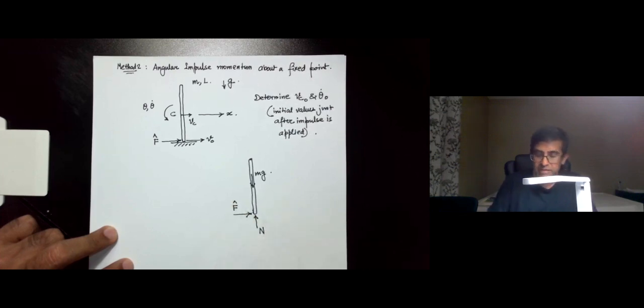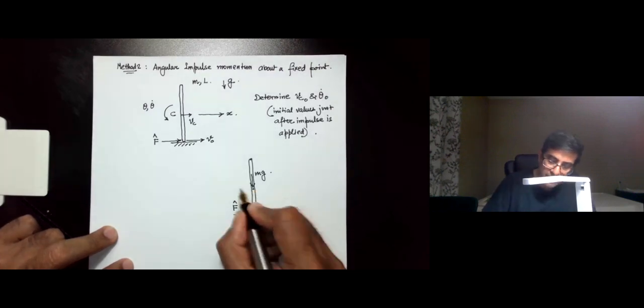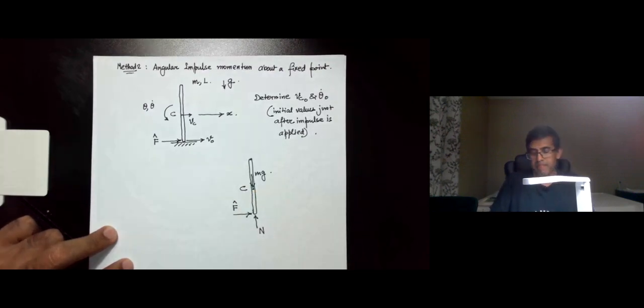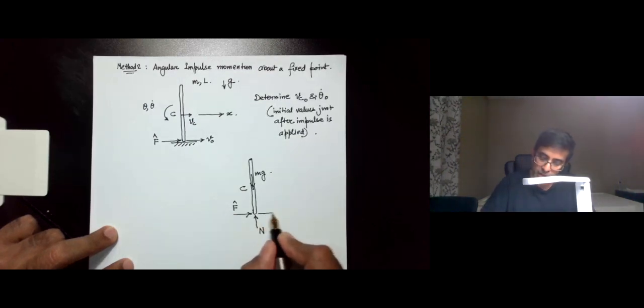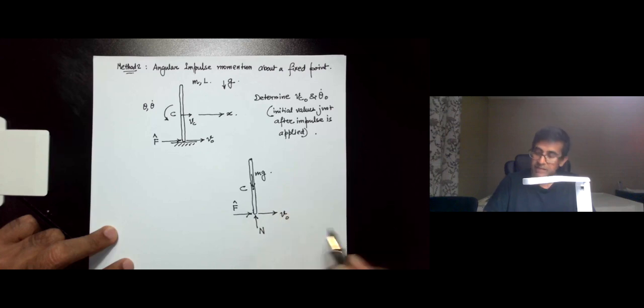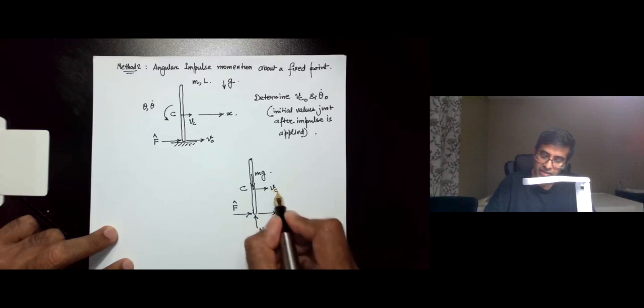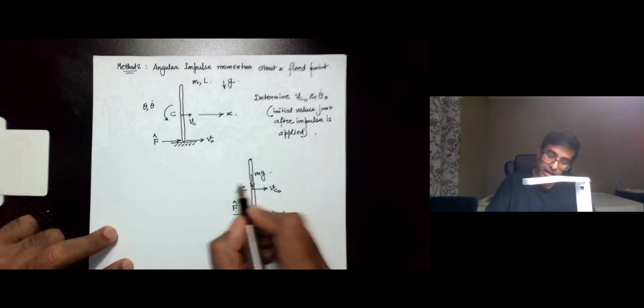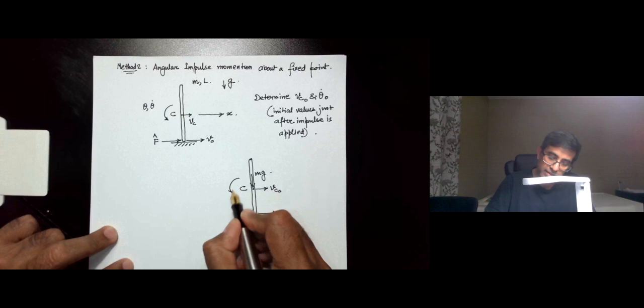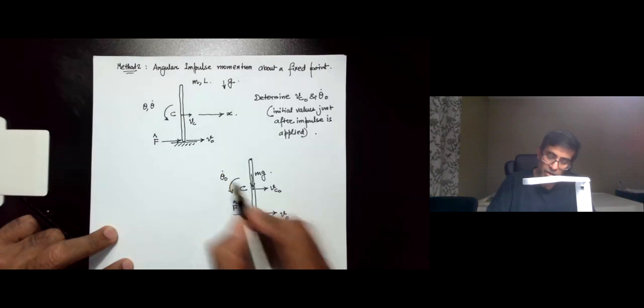This is the impulse. Here is the center C. The result of this impulse is the velocity v naught at the bottom, and the center of mass gets a velocity vc naught, and the bar gets an angular velocity of theta dot naught.